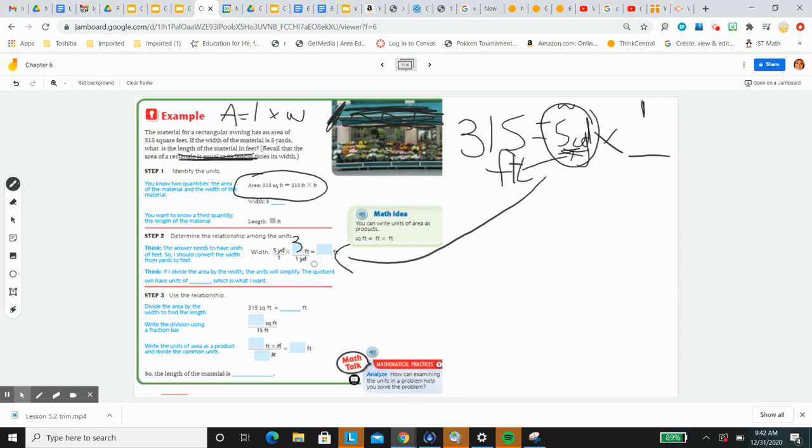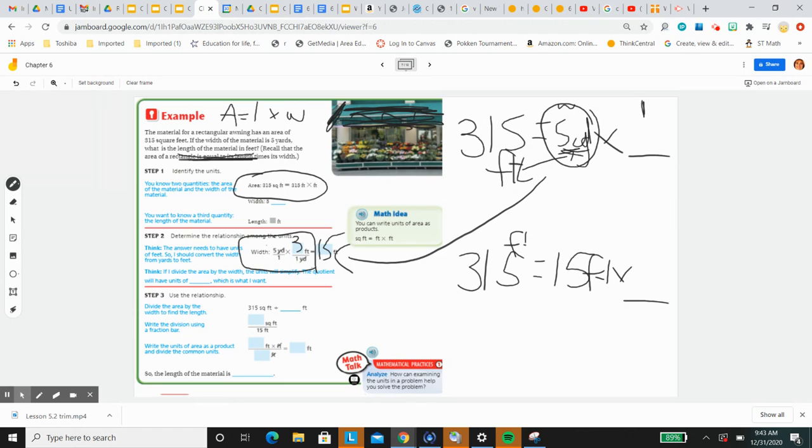Yard and yard are opposite from each other, so now I know which way to set up the problem. 5 times 3 is 15 feet. So 5 yards is equal to 15 feet. Now I can come over to my problem and put in 15 feet. This one's feet. Times something is going to give me the length in feet.